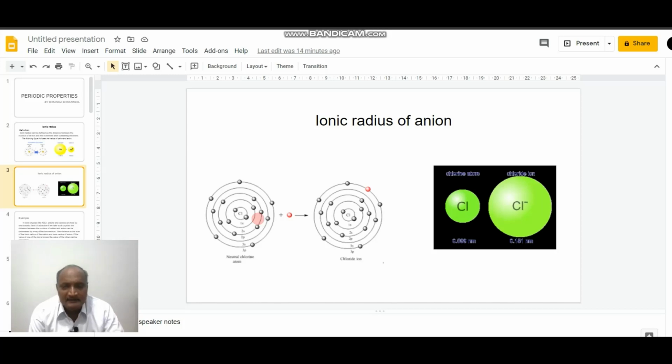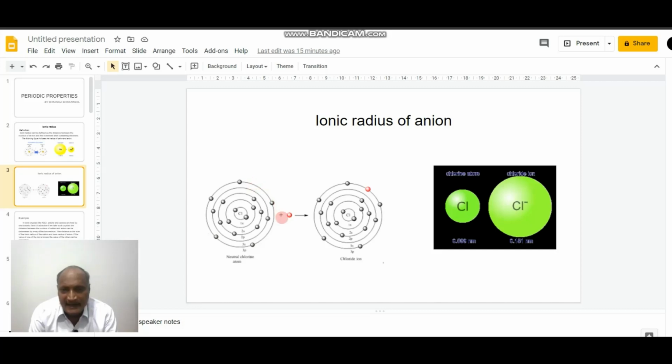I have taken the example of chlorine atom as the atomic number of chlorine is 17. Its configuration is represented as 1s2, 2s2, 2p6, 3s2, 3p5. The valence shell of chlorine contains 5 electrons in the p subshell.